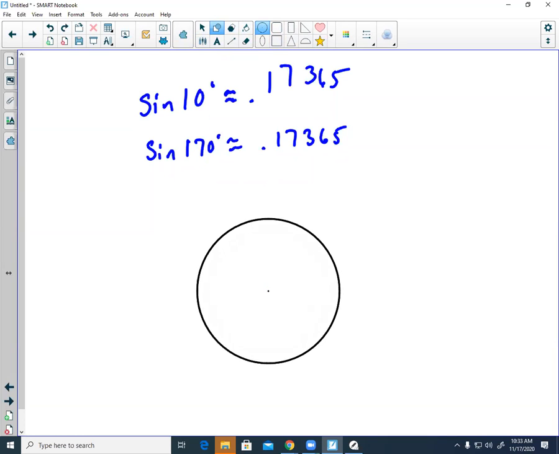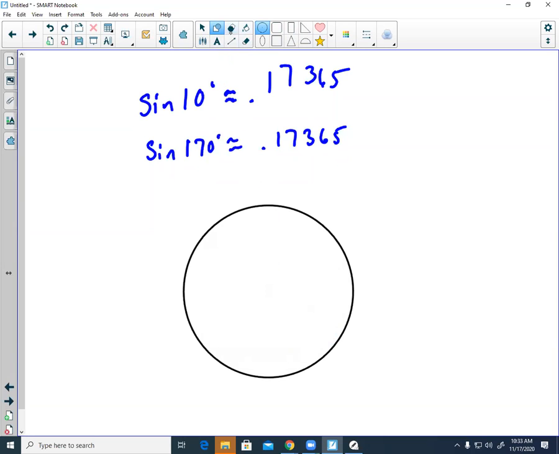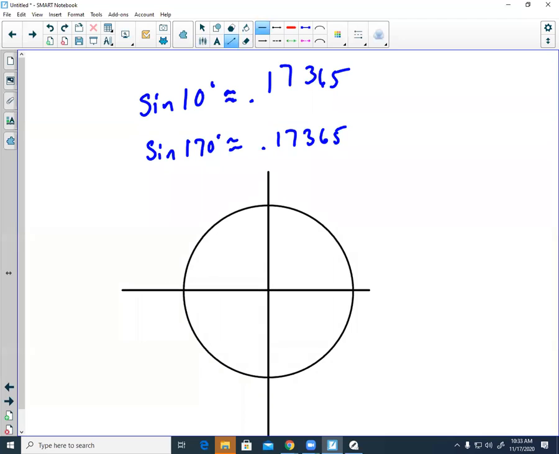If you look at your unit circle, and I have my x and y axis, and you look at 10 degrees, your y value is going to be up a certain amount. There is going to be another location on this circle that is that exact same height, and it's going to be over here.